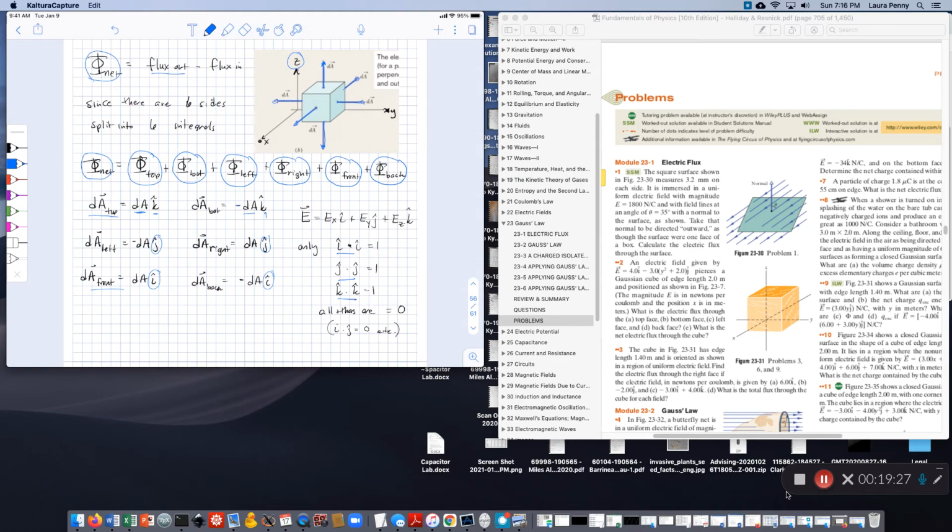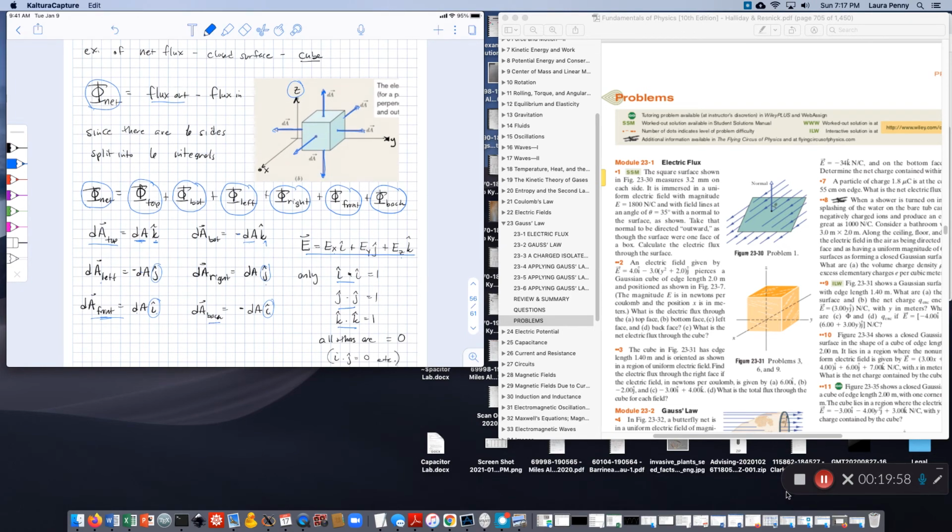And so if we have our electric field written in unit vector notation and it gets dotted with these different sides, Ex will only survive when it deals with the front and the back, because they have i hats. Ey will only be for the left and the right, because they have j hat, and Ez will only be for the top and the bottom, because they have k hat.